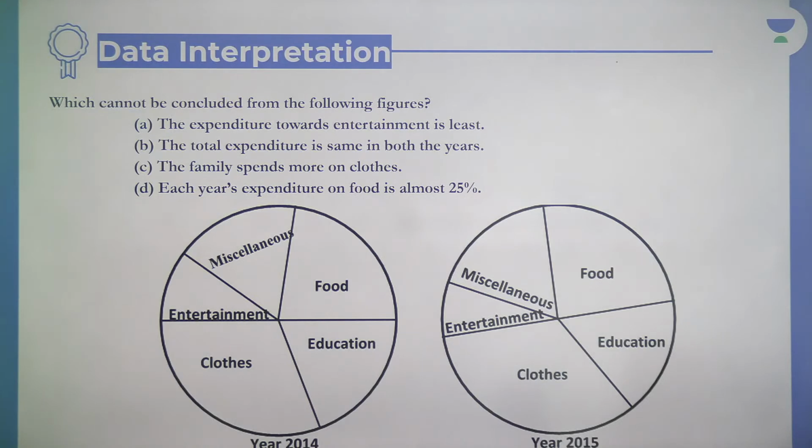A option and D option are the two options most of you got. Read the question carefully. Question is asking which cannot be concluded. Which can be concluded is not the question. Which cannot be concluded is the question. Okay, I'll explain now.